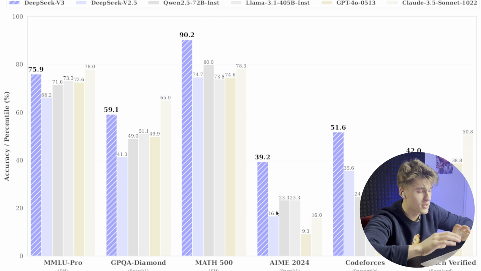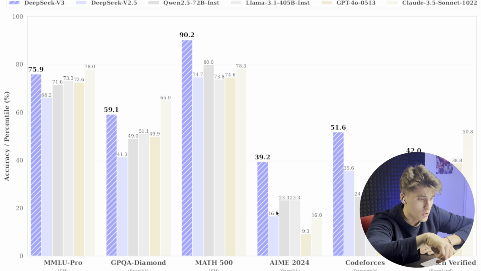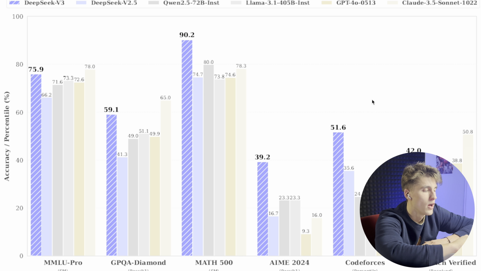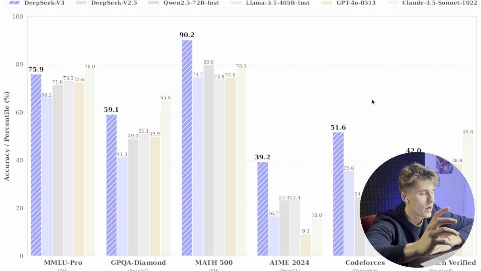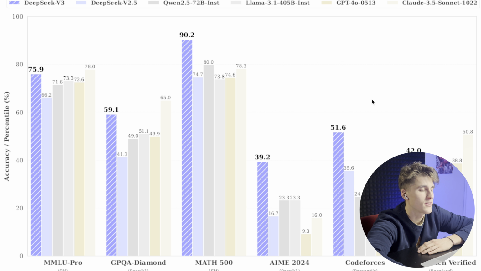That's the benchmarks. Okay, so here you can see the benchmarks. As you can see, this model in plenty of these benchmarks just beat other models. Just there you can see that Claude 3.5 Sonnet beat the DeepSeek model in MMLU-Pro by like 3 points or 2.1 points, but it's not that much.